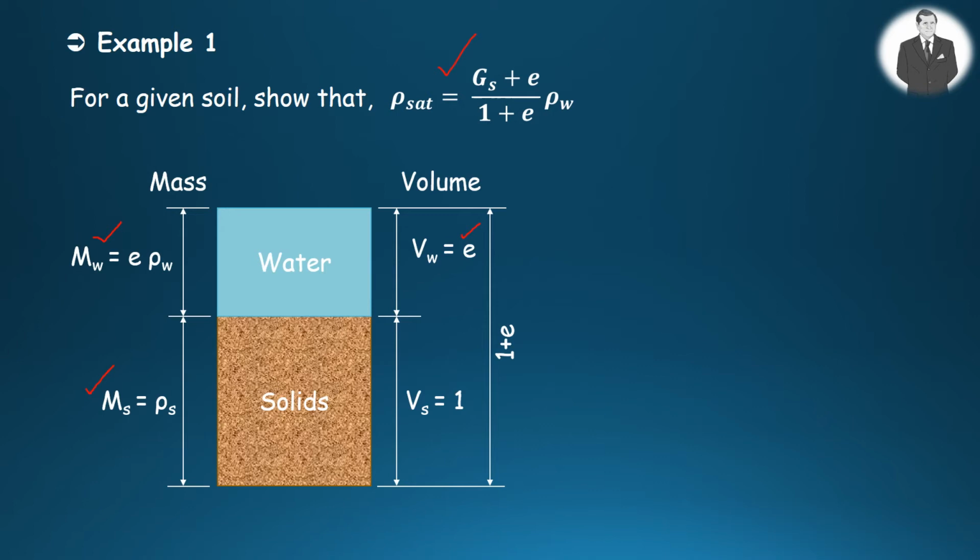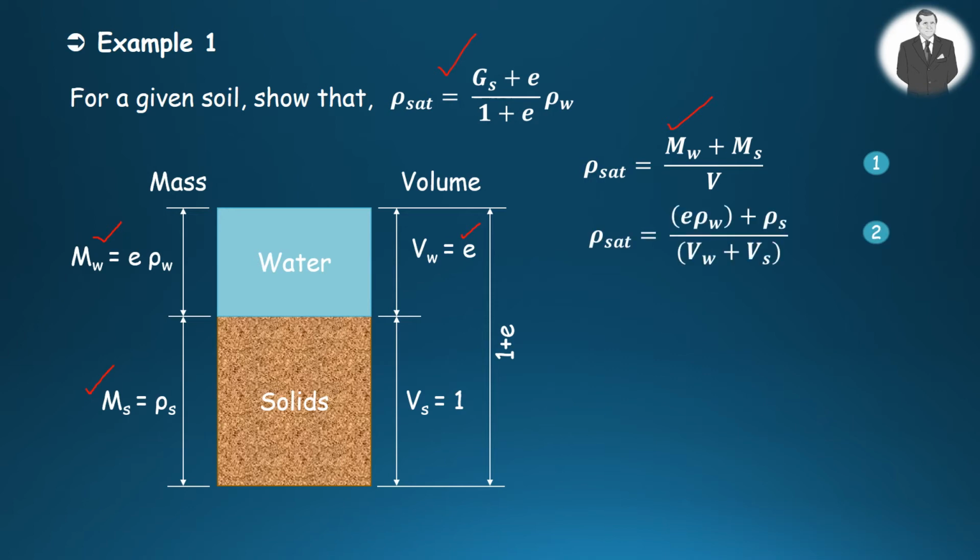Now, let us remember the basic definition for density, especially for saturated density. It is the total mass divided by the total volume, as shown in equation 1.